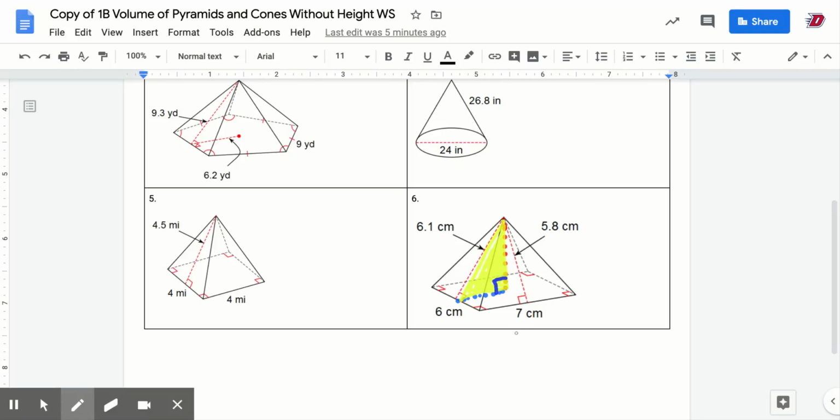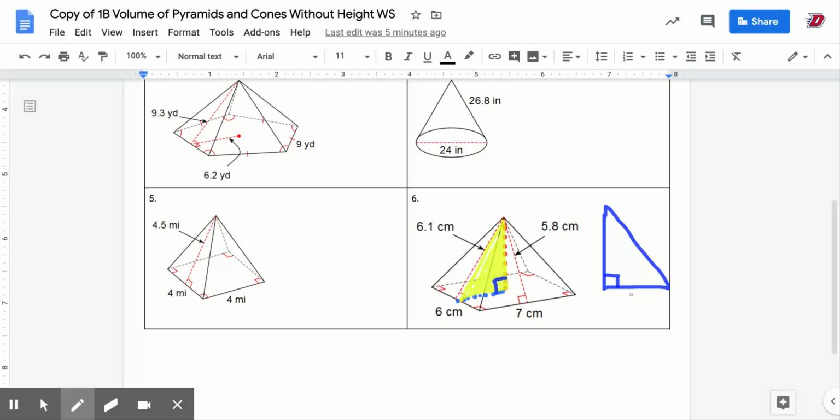Okay, so to make it easier, what I'm going to do is go ahead and just redraw this right triangle outside of the pyramid so you can see it. So there's the right angle. So this bottom part is the apothem.